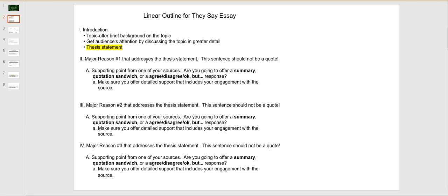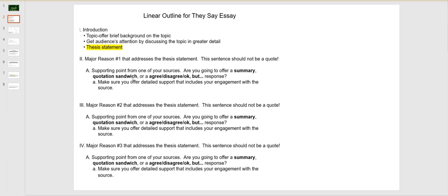You have a major reason that addresses the thesis statement. These major reasons are saying, this is why my thesis statement is true, or this is why I believe my thesis statement is valid.